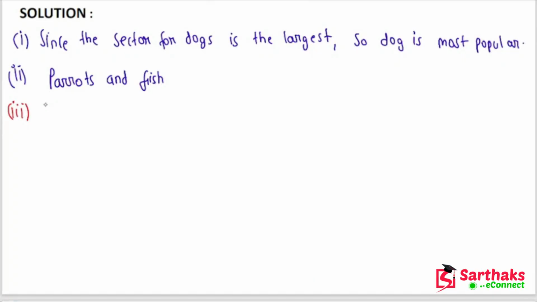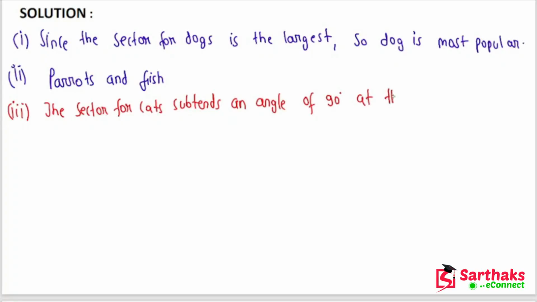The sector for cats subtends an angle of 90 degrees at the center, right?